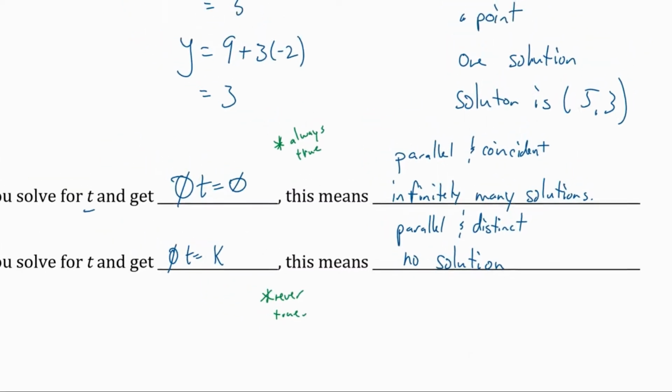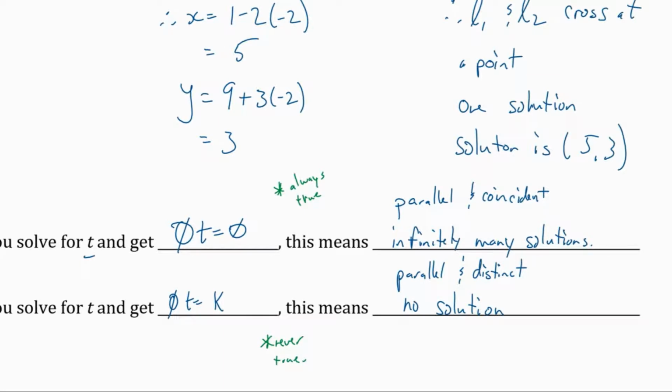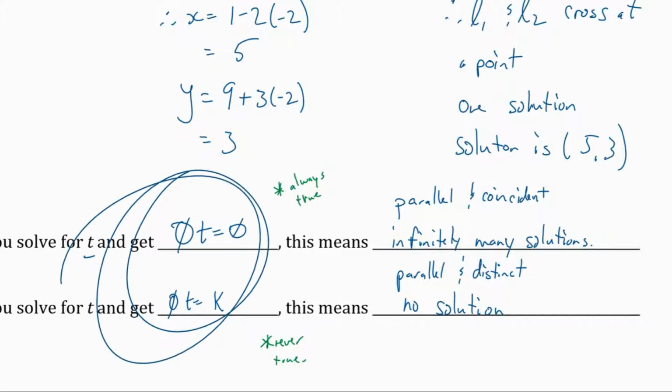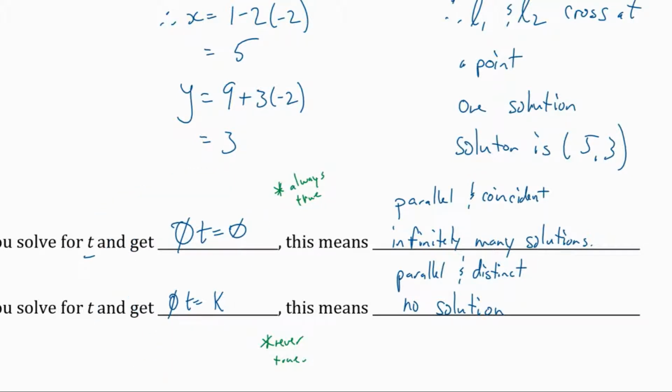So this is nice because this gives us a straightforward prescriptive system to follow. I solve the parametric forms by setting x equal to x, y equal to y. And even if I'm not given parametric form, I can convert to parametric form and do the same thing. And depending on which of these situations I find myself in, I can interpret the solution and figure out where to go next.